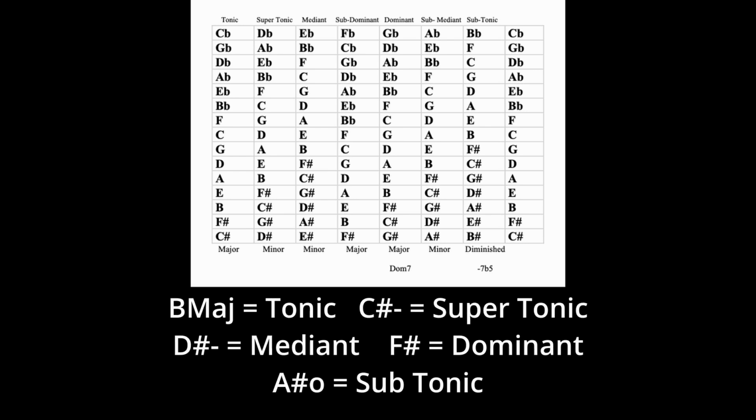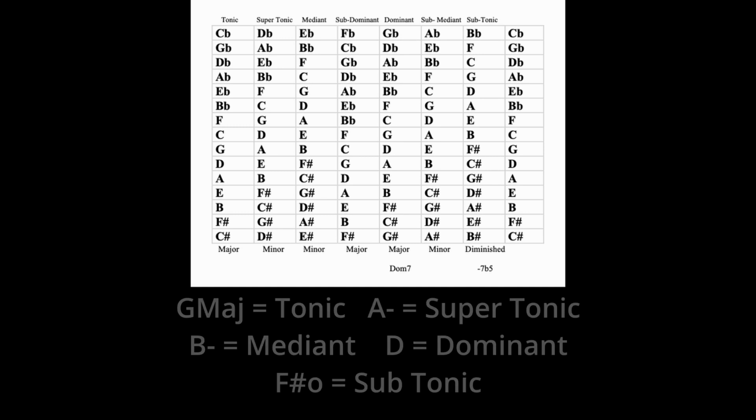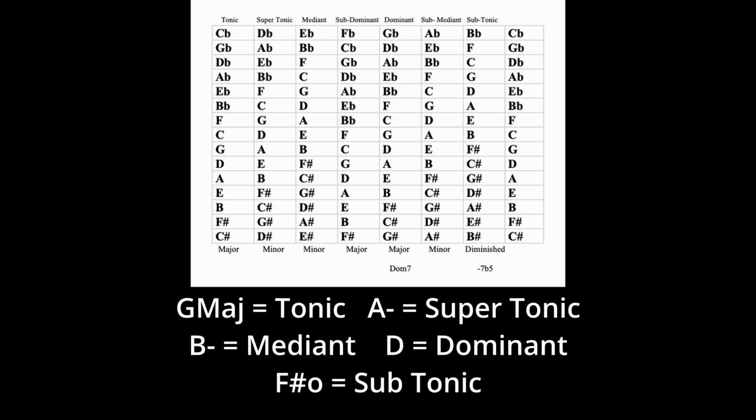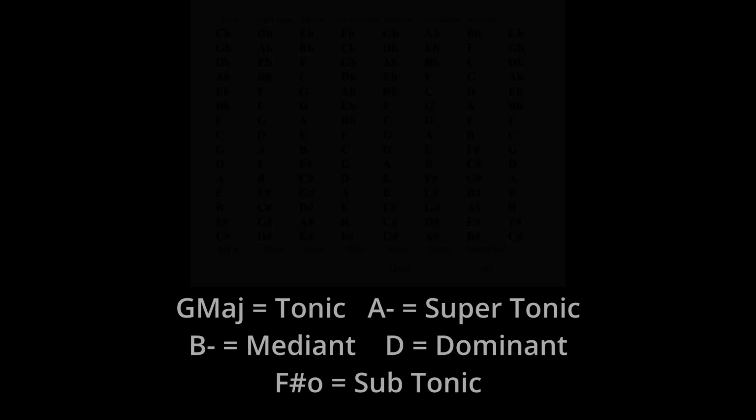In the key of B, B major is the tonic chord, C sharp minor is the supertonic chord, D sharp minor is the median chord, F sharp is the dominant, and A sharp diminished is the subtonic or leading chord. In the key of G, G major is the tonic chord, A minor is the supertonic chord, B minor is the median chord, D is the dominant, and F sharp diminished is the subtonic or leading chord.